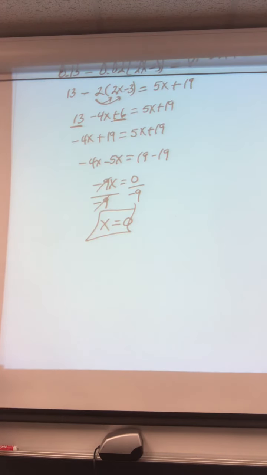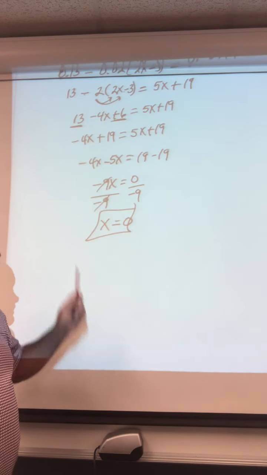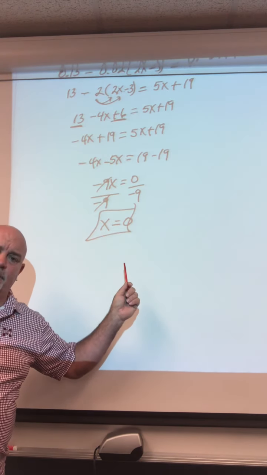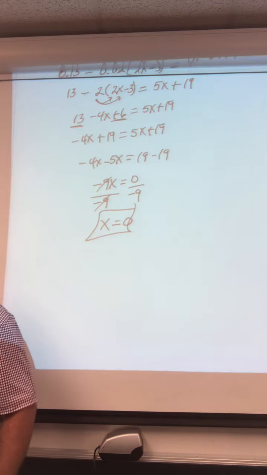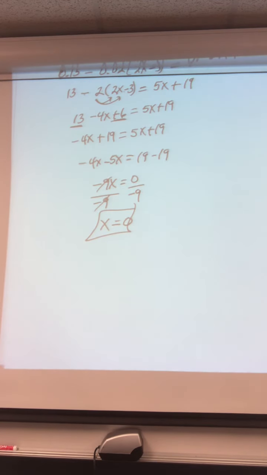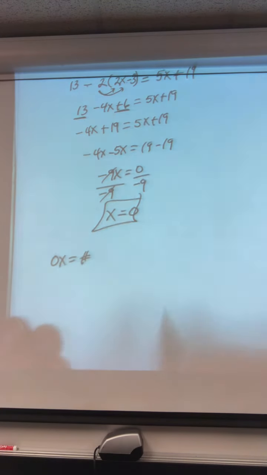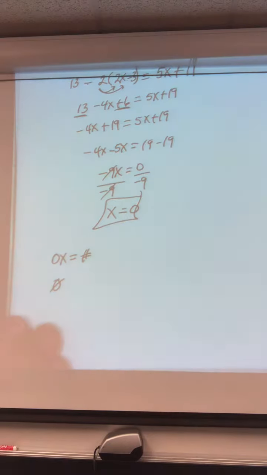Now, let me remind you of the no solution and all real numbers cases to close out this section. What would have had to happen if this answer had been one that was no solution? Remember, if it had been 0x equal to some number, that's no solution.